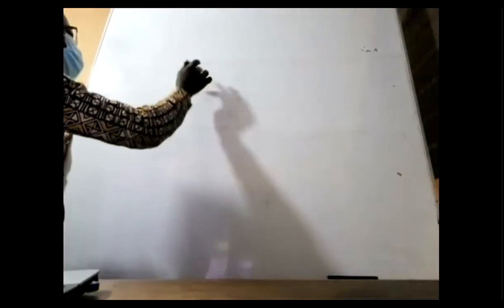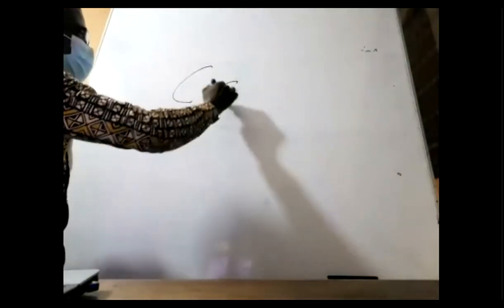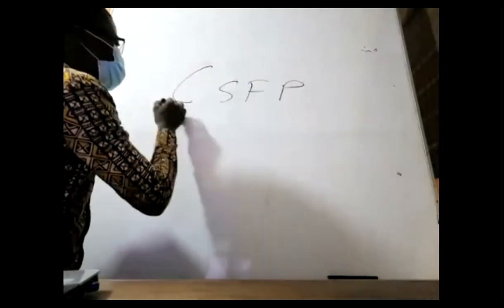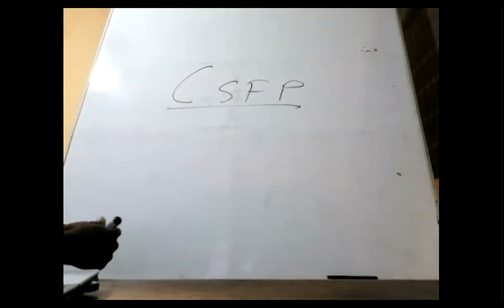The consolidated statement of financial position. Good. So consolidated statement of financial position. Please don't forget, consolidated statement of financial position. What are the basic principles that we have to look out for?